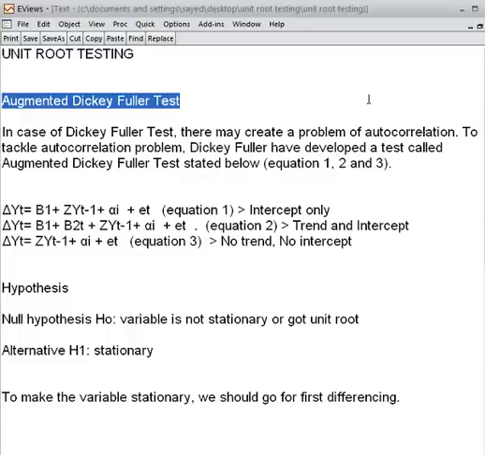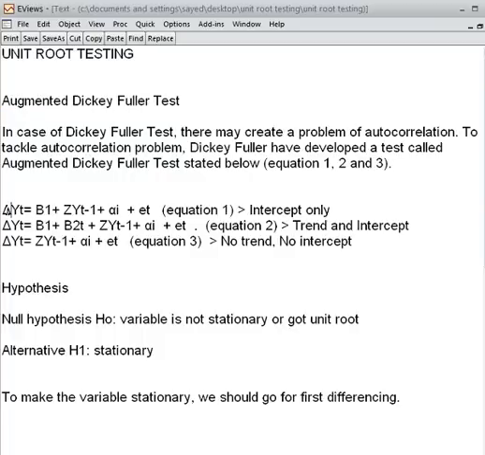Here we have one method, and the method is called the augmented Dickey-Fuller test. This test can tell us whether a particular variable has a unit root or not. And this augmented Dickey-Fuller test has three shapes.